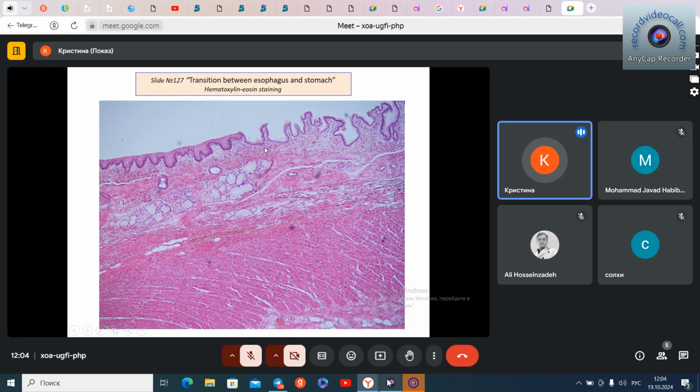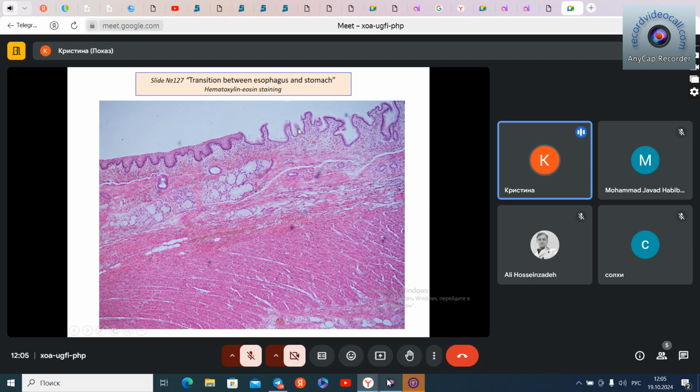Another example of the same preparation, here the esophagus is on the left and the stomach is on the right. We can see very clearly the border where the stratified epithelium meets with the simple columnar epithelium, and the relief changes from the flattened epithelium of the esophagus without any evaginations or invaginations, to the gastric pits, invaginations of the epithelium in the stomach.